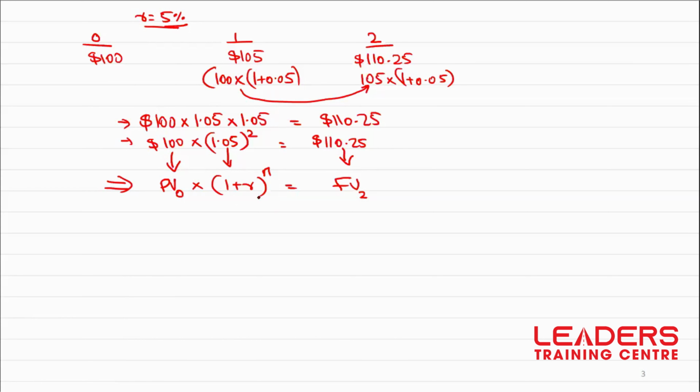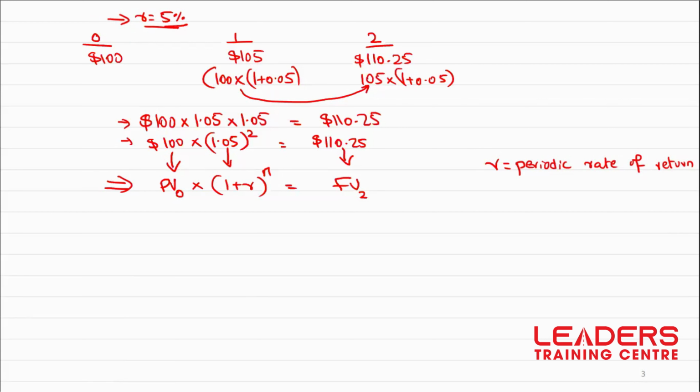Now, one key point to note here is when I say R, is R your annual rate of return, or is it actually periodic rate of return? R is not annual rate of return. It should be your periodic rate of return. By default, whenever you are given interest rates, they're always given as annual unless explicitly mentioned, which is very rare.